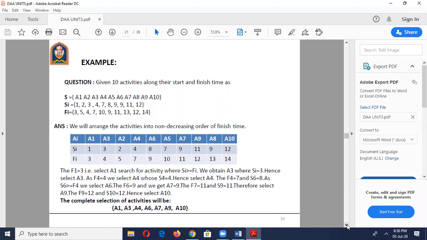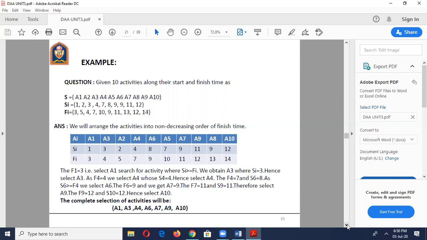The starting time for A1 is 1, A2 is 2, A3 is 4, A4 is 7, A5 is 8, A6 is 9, A7 is also 9, A8 is 8, A9 is 11 and A10 is 12. The finishing time for A1 is 3, A2 is 5 and A3 is 4, and they have given some more values.